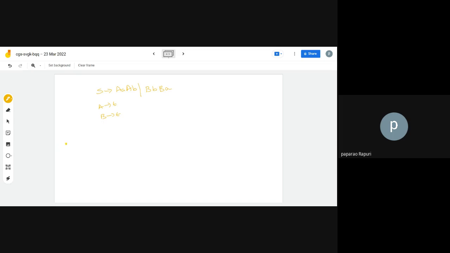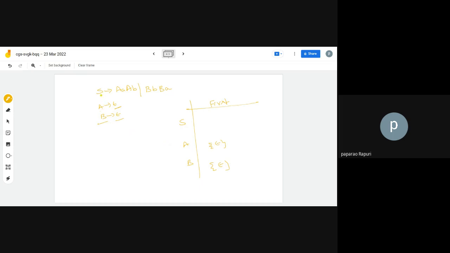We need to write the first set for S, A, B. A is deriving epsilon, so epsilon. B is deriving epsilon, so epsilon. A is not producing anything other than epsilon. B is also not producing anything other than epsilon. So these two are completed.